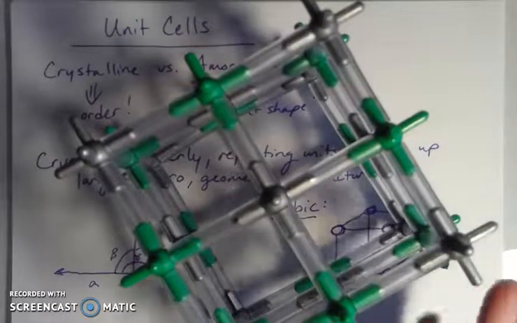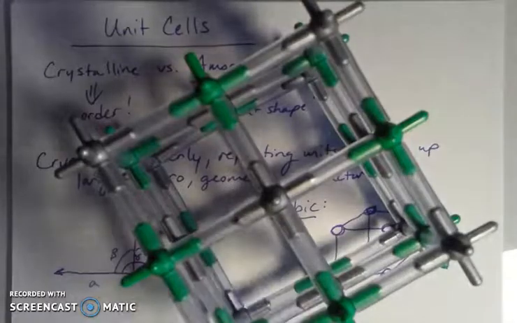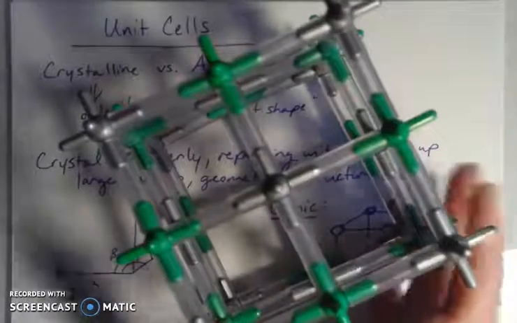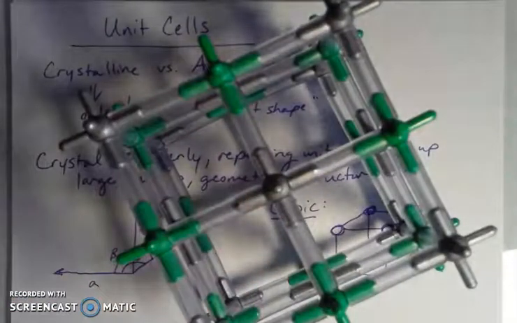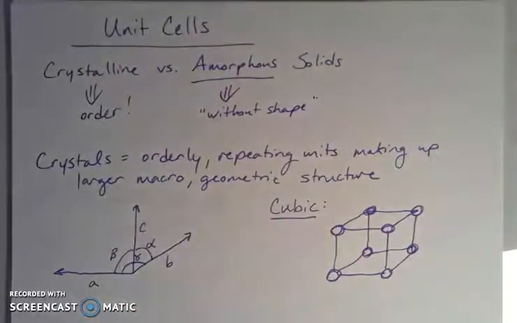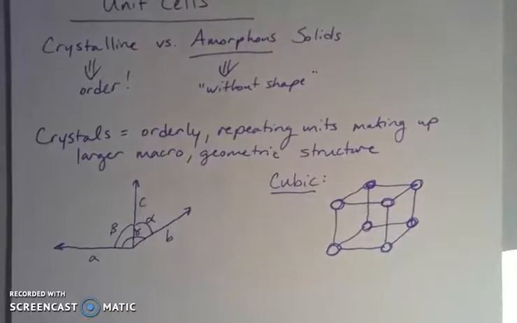And if we think about this one unit cell making up my whole structure, then I'll have a bunch of them repeating out in three-dimensional space. So you can see how it would build on itself. And that's really how crystals grow. You have a little seed crystal, and then everything expands out from there. So the simplest of those is just cubic, where you have an atom or an ion on each corner.